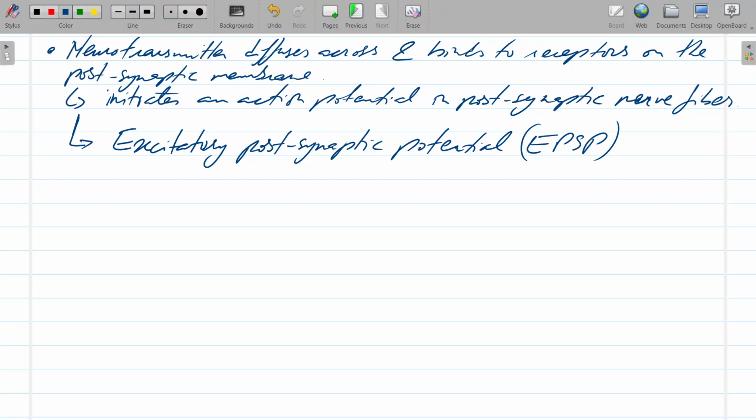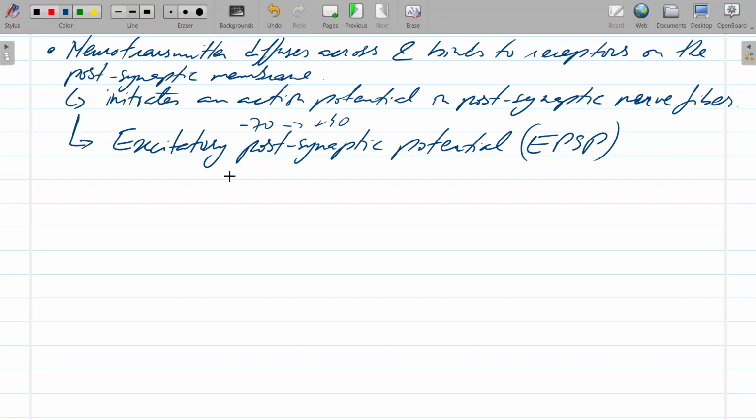Now, there are some cases where the neurotransmitter does not cause an excitation, it actually has an inhibitory effect, right? So what's happening over here is it's moving from -70 to +40.